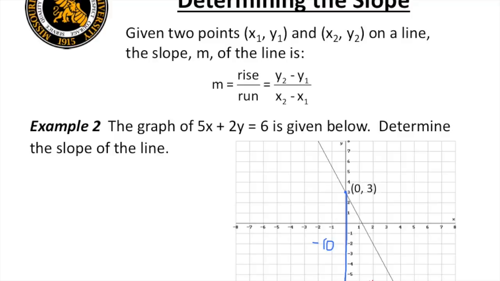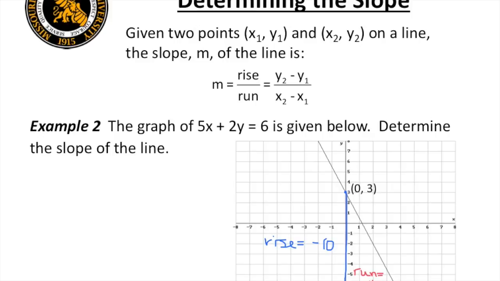The 10 represents what we call rise, the vertical movement. The 4 represents what we call run, the horizontal movement. The slope is determined by the rise over the run.